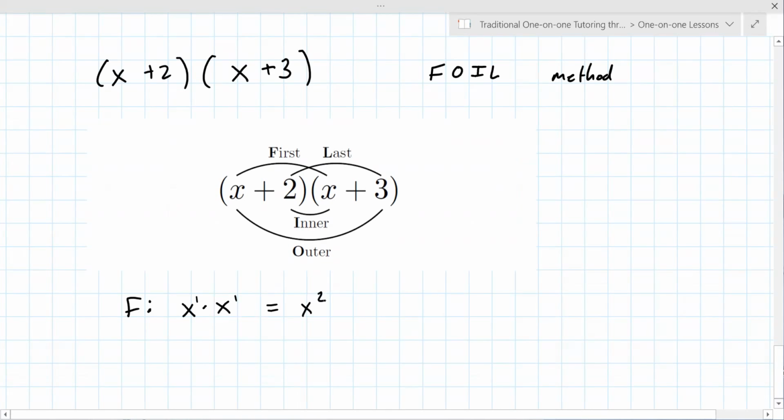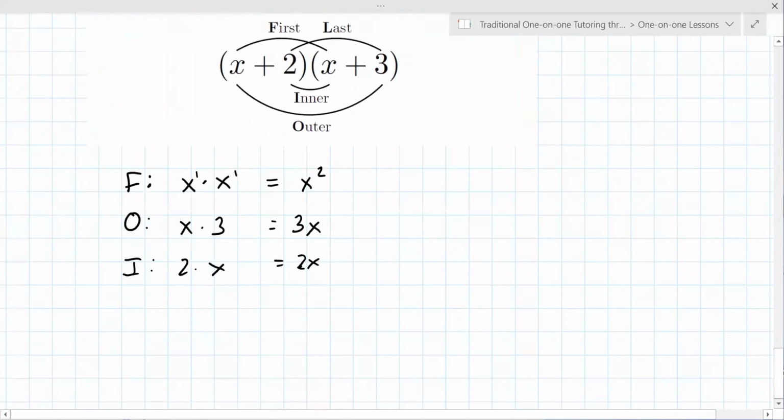X to the second power. Right. The outer is x times 3, which is only 3x. The inner is 2 times x, or 2x, and then the last is 2 times 3, which is 6.